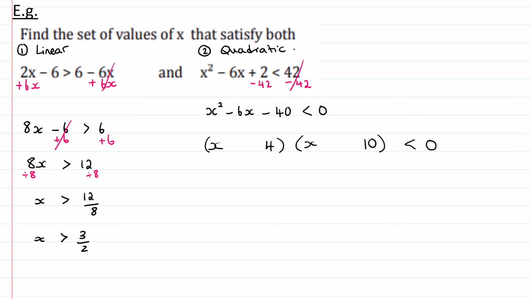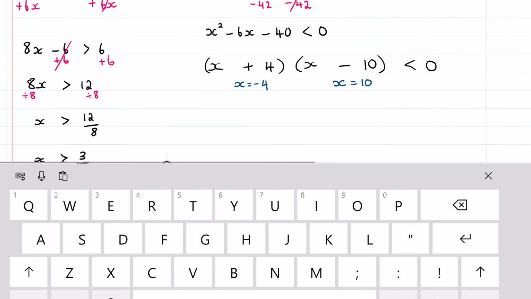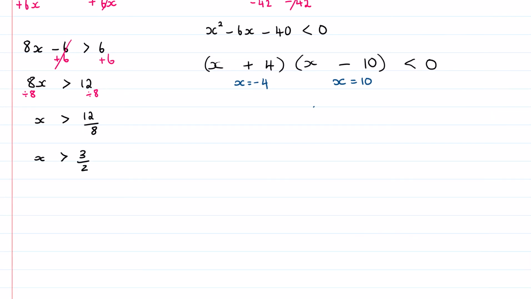To make 40, I want a negative 10 and then plus 4 to make the minus 6x. So my critical values are x equals negative 4 and x equals 10.